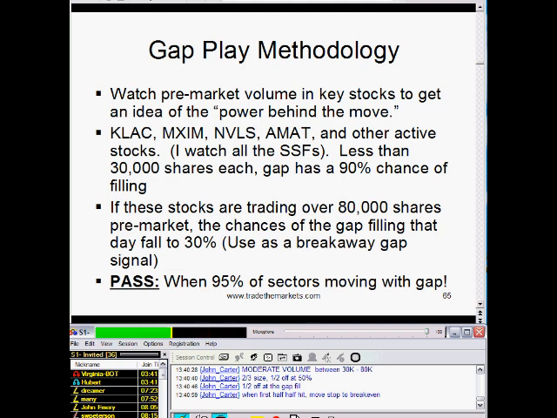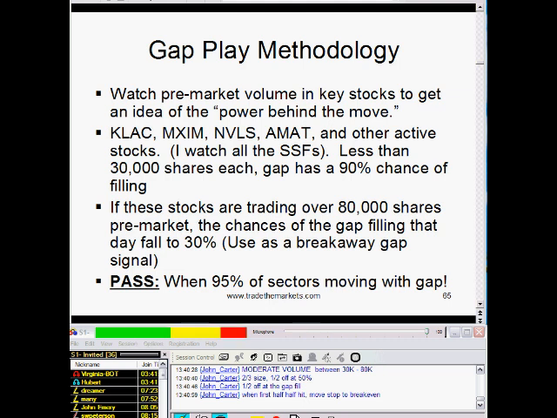Now, on the last part, what you want to do is when you get something that's over 80,000 shares, okay? If it's over 80,000 shares, we're not going to take a gap fade play. In fact, we're just going to completely ignore it because that has a really good chance of becoming one of those gaps that doesn't fill. All right?